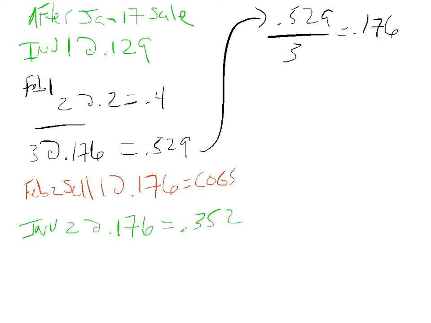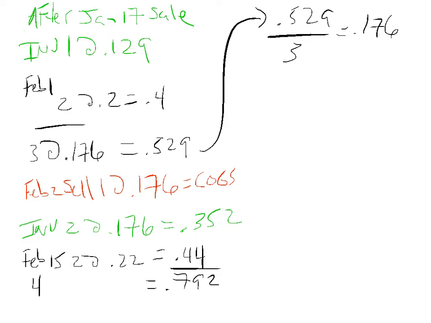So now on February 15th, we purchased 2 at 22 cents a piece, which is a total cost of 44 cents. And so our inventory at that moment now is 4, and our total cost of that inventory is just over 79 cents.